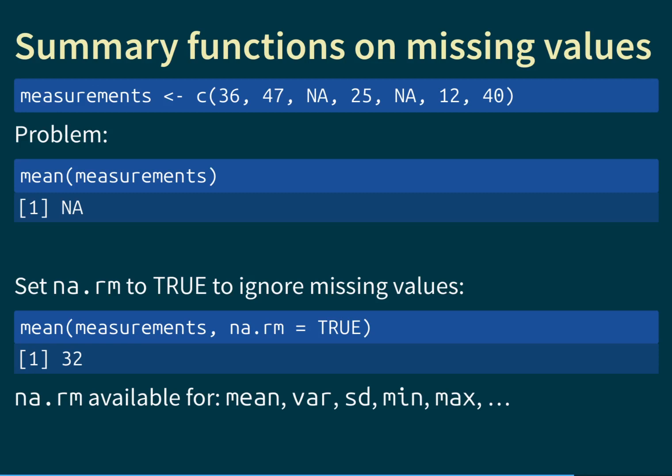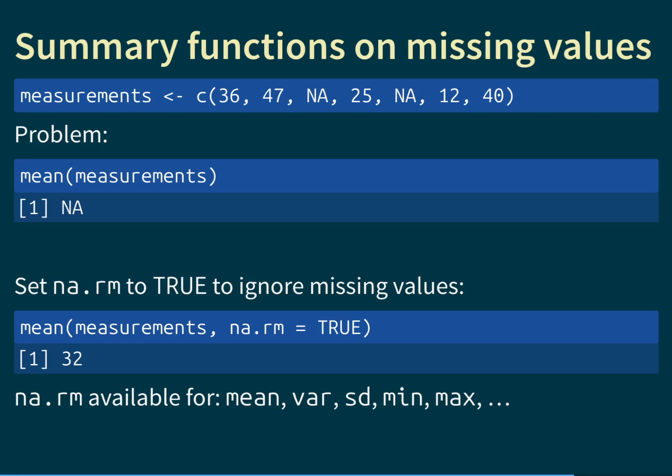And those are the 5 entries that the mean will then be taken over, and then we get the result 32. Important to note, all those other functions as well that we talked about last time, like variance, standard deviation, minimum, maximum, median, and so on and so forth, you can check the last lesson to look at those functions.